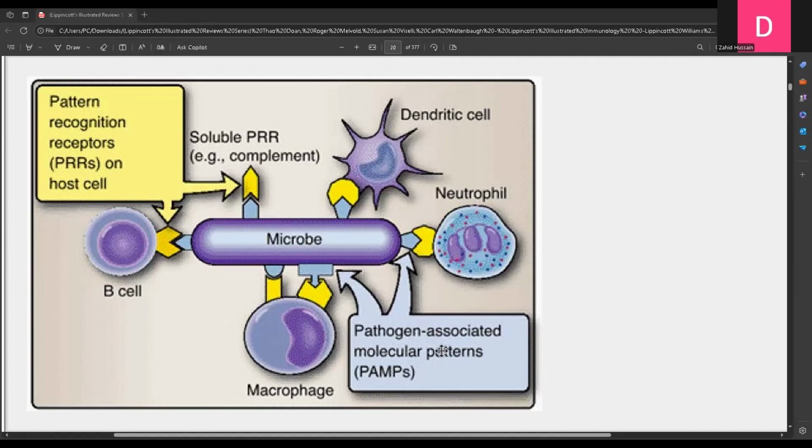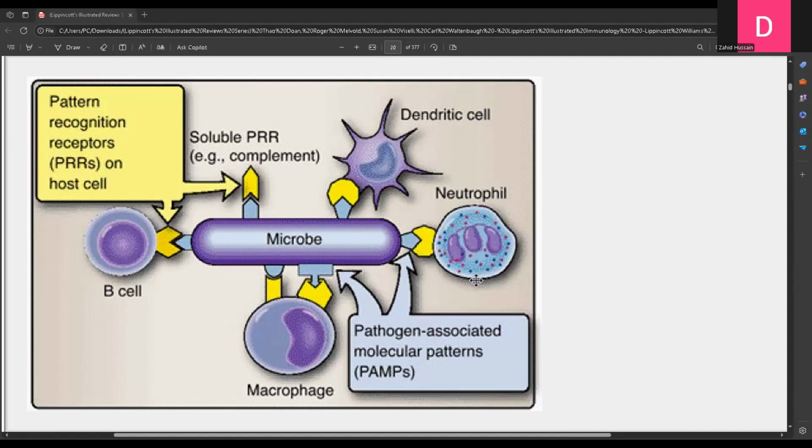Pathogen-associated molecular patterns, PAMPs, will be recognized by pattern recognition receptors. We have these five different things: complement proteins, B cells, macrophages, dendritic cells, and neutrophils.